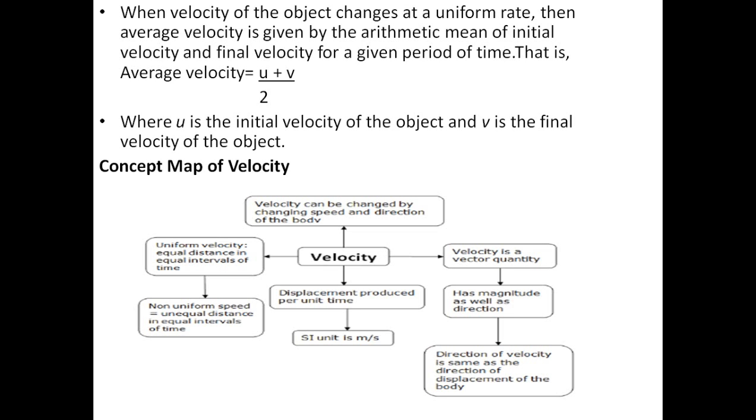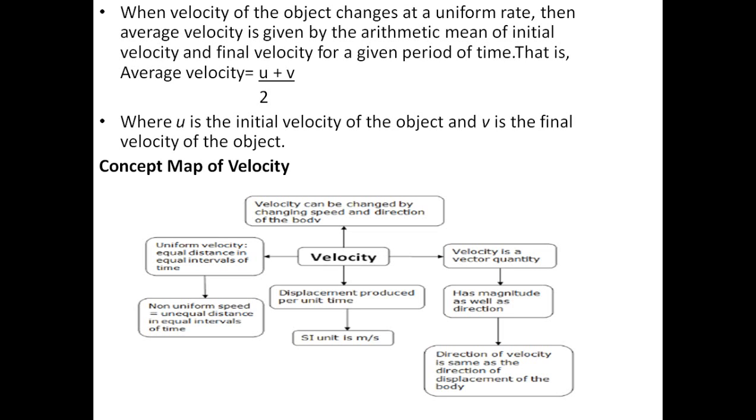Then average velocity is given by the arithmetic mean of initial velocity and final velocity for a given period of time. Now, a body is moving at a uniform rate, so velocity is also changing at a uniform rate. But why are we discussing that velocity is also calculated as average velocity?